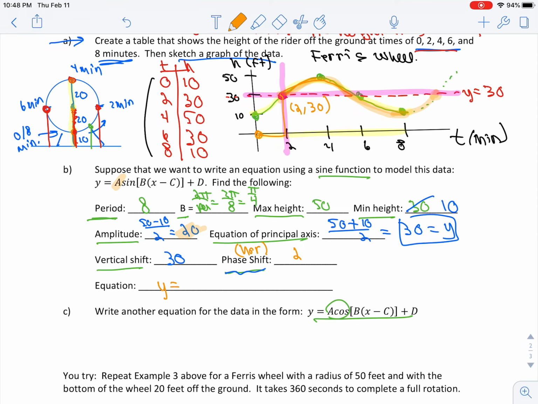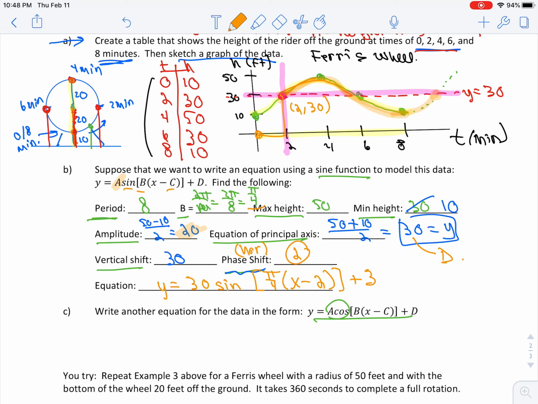It's going to be y equals 20 times, remember I'm writing a sine function, so sine of b, and we just figured out that b is equal to pi over 4, so we get pi over 4, times the quantity x minus c, but c is this phase shift, the horizontal shift, so that's 2, and then plus the value of d, which we calculated is 30.